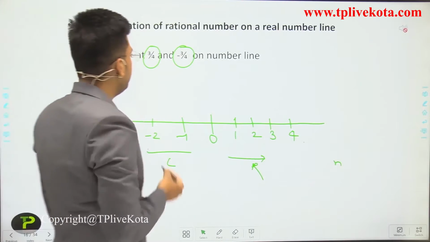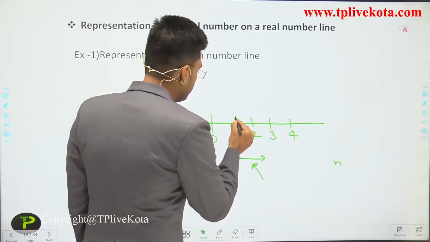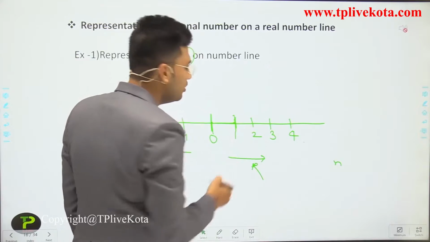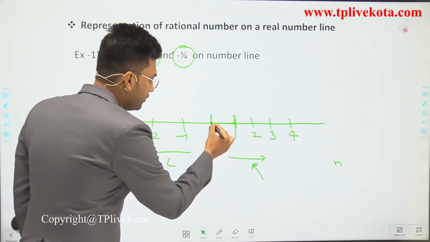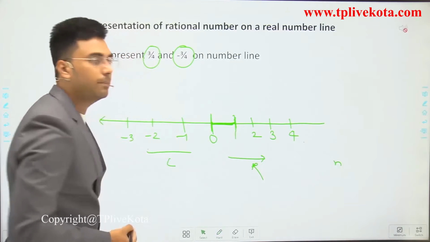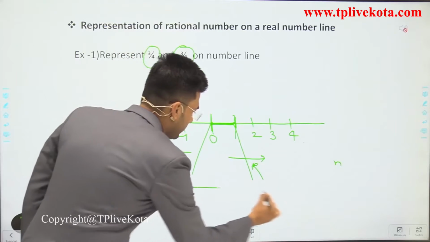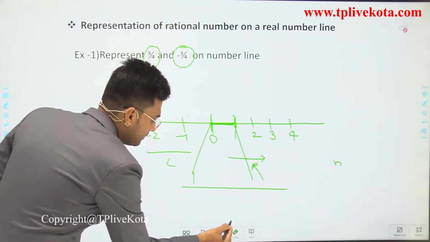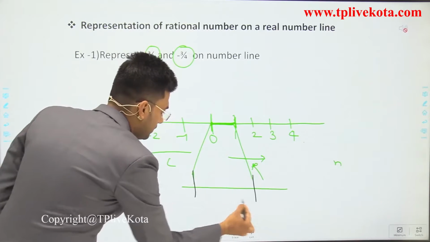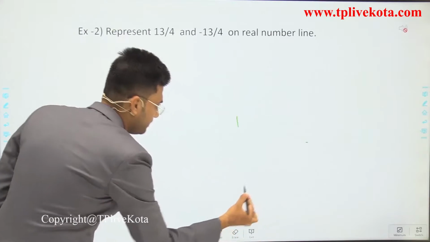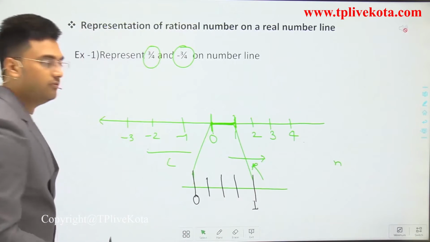If you see that 3 by 4 comes between 0 and 1. So what we have to do, we divide this portion 0 and 1 in 4 equal parts. So let's divide it in 4 equal parts. This is 0 and this is 1. 1, 2, 3 and 4 is itself.